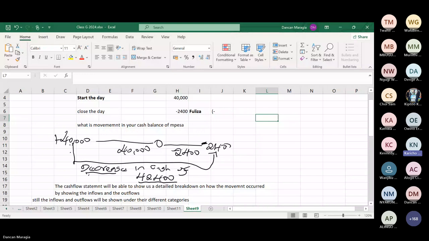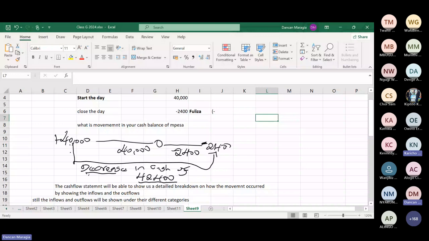So 42,400 is the decrease. It's not the actual amount that I have at the end of the day. It's just the actual amount of money movement during that day, which can either be an increase or a decrease. In our case, it's a decrease because it has moved downwards.